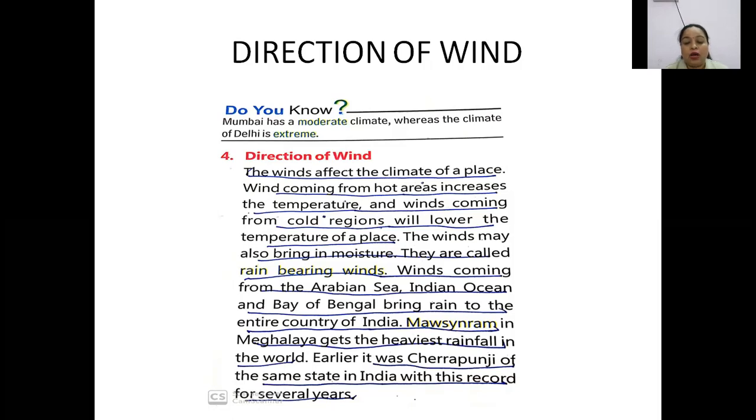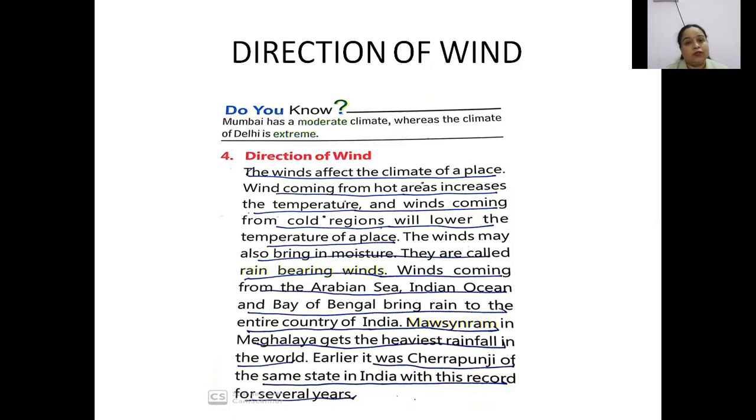There is a place in Meghalaya known as Mawsynram, which gets the heaviest rainfall in the world. This is a place in India which gets the maximum amount of rainfall. Earlier it was Cherrapunji in the same state that held this record for several years.